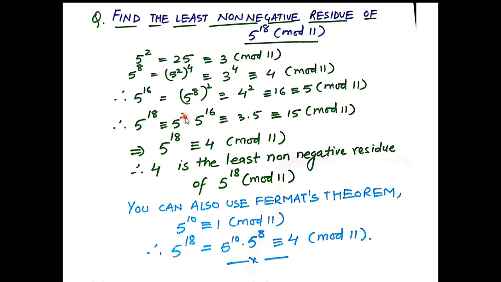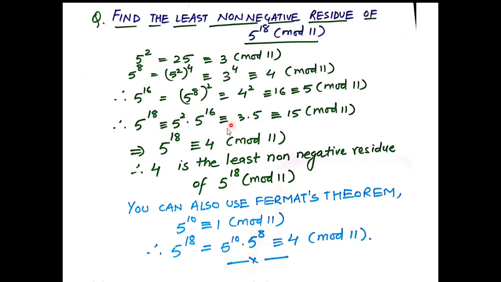modulo 11. Therefore 5 to the power 16 is equal to 5 to the power 8 to the power 2, and 5 to the power 8 is congruent to 4. So this is congruent to 4 square, which is congruent to 16, and which is congruent to 5 under modulo 11. Therefore 5 to the power 18 is congruent to 5 square into 5 to the power 16. 18 can be written as 2 plus 16.